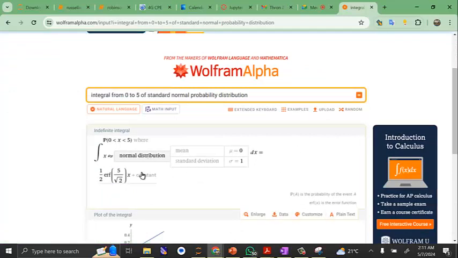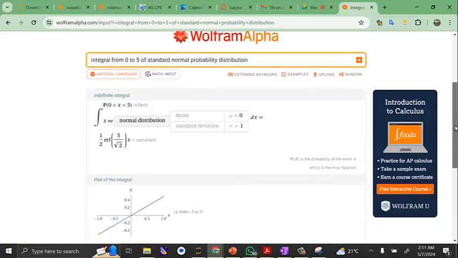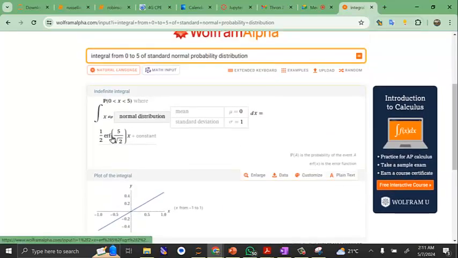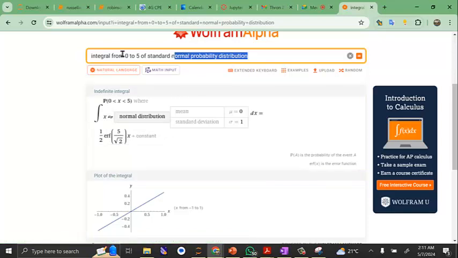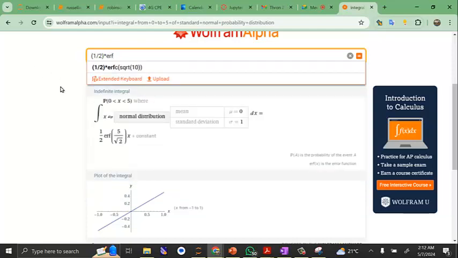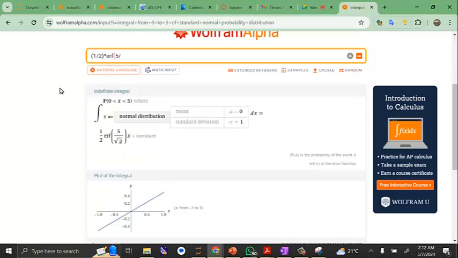So this was correct. Now it didn't actually give me the value. It just told me what the formula is. So maybe I can put this in here. It's not letting me copy it. So that's called the error function. ERF of 5 over square root of 2.